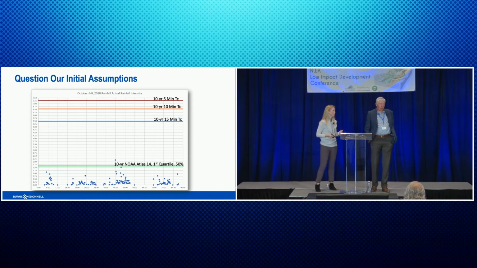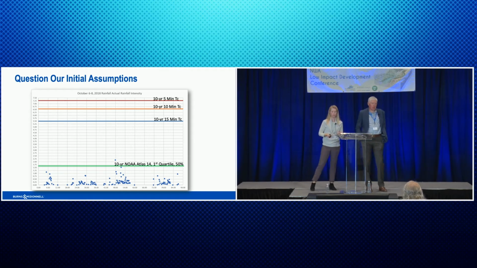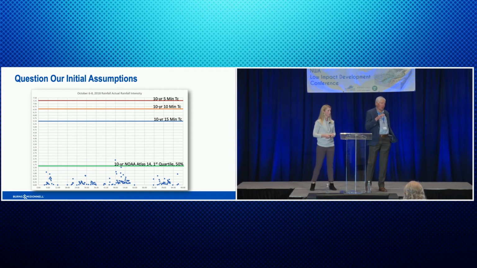But now with NOAA Atlas 14, the thing that I don't think we talk about enough, that Seth talked about, is that for the first time, as a designer, you have a range of events that are giving you the probability. So for a 10-year level of service, I can go into NOAA Atlas 14 and look at everything from a 10% probability all the way up to a 90% probability. And they also put it in quartiles, quartile 1, 2, 3, and 4. Quartile 1 is what they recommend for smaller urban watersheds.